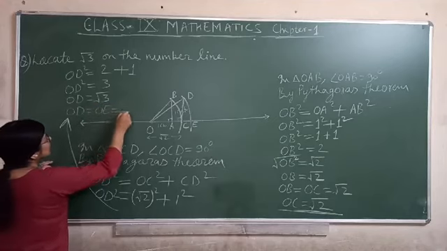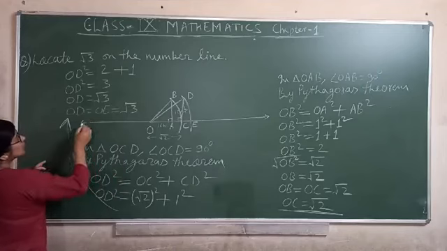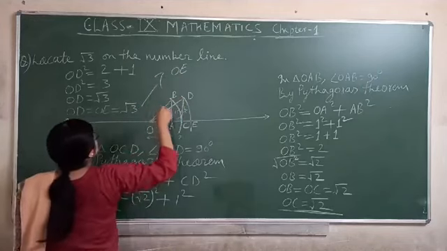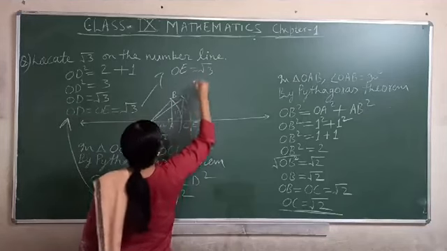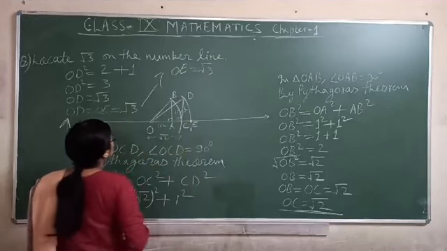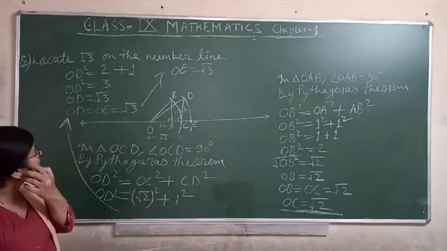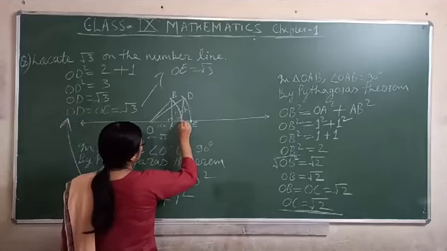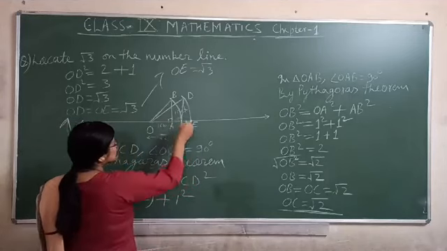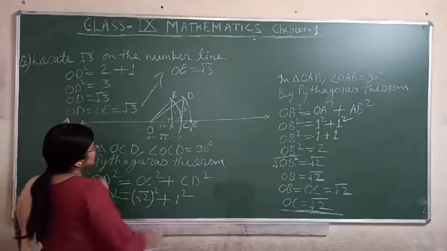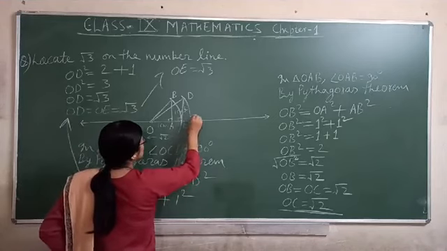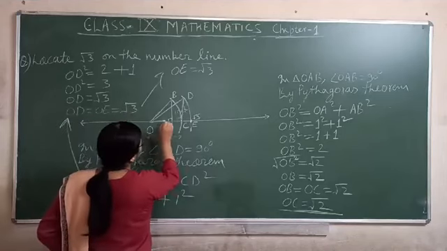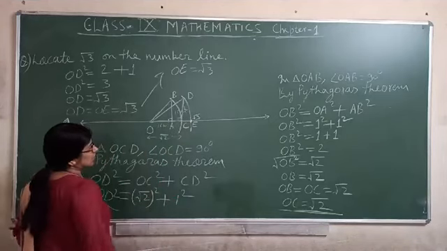So both will be equal, root 3. So OE represents root 3 and this point E represents root 3 on the number line. Again, here point C represents root 2 on the number line and point E represents root 3 on the number line. OE equals root 3.